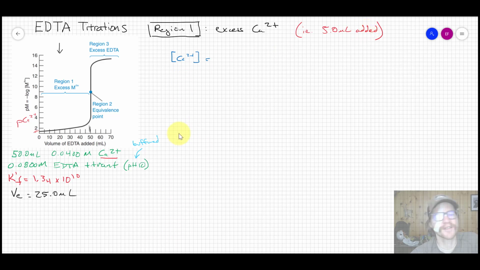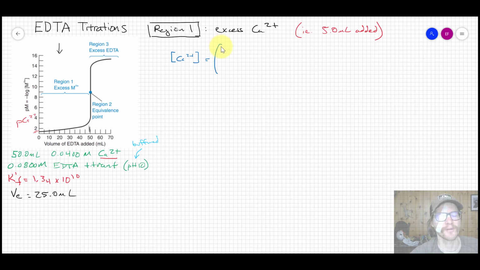You can do this several different ways, as I've mentioned in previous steps. This is really no different than what we've done in acid-base systems. I'm going to set this up using that sort of ratio formalism. I'm going to take our volume at equivalence, which is 25, subtract the amount that we added here, the 5 mL, and then divide that by the volume at equivalence again.